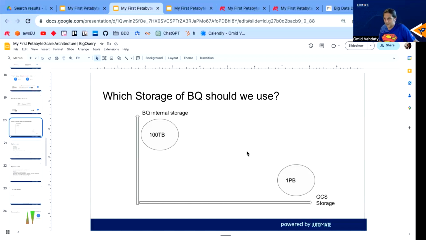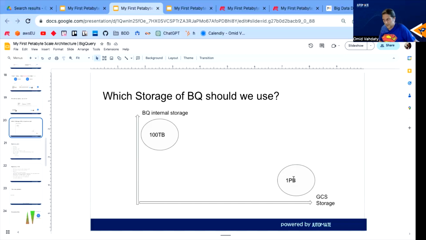So basically, if you are planning to query about 100 terabytes, it should work perfectly. But the more you grow, since you are bounded by resources, you're more likely to experience some pain. So you should have a combination of BigQuery hot data and some cold data in GCS.